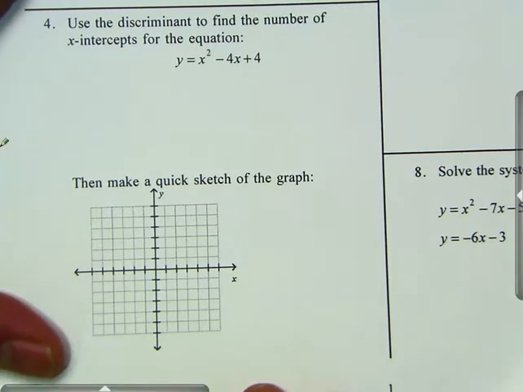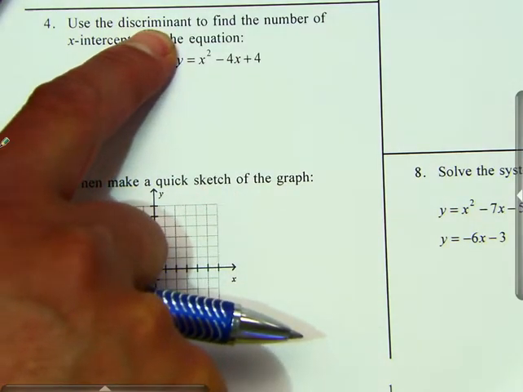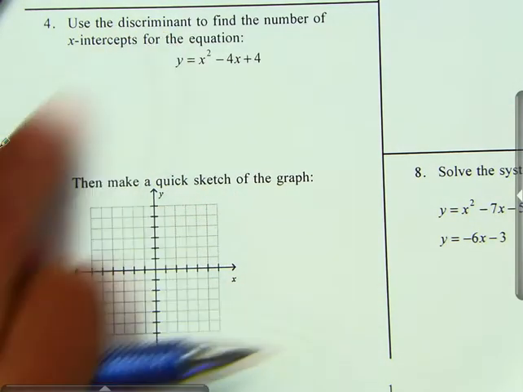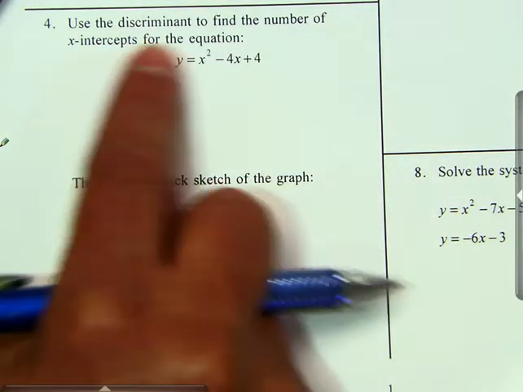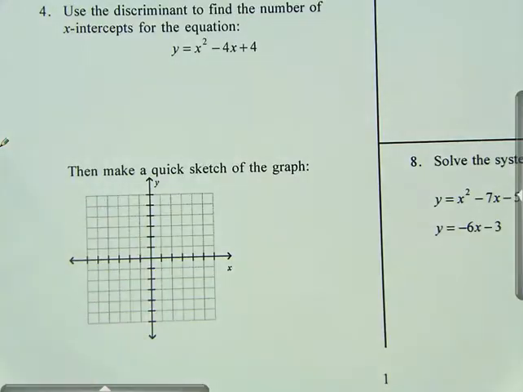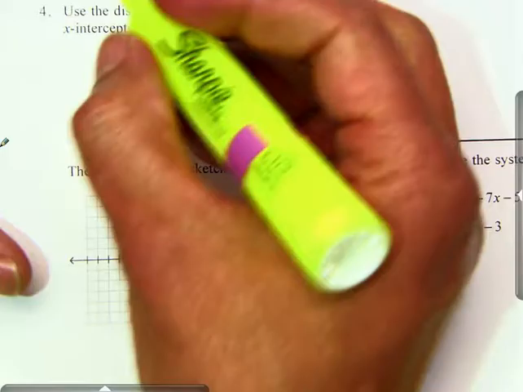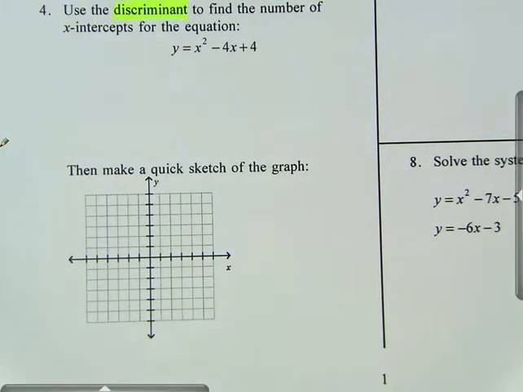For your test, you guys will have to memorize or remember your discriminant formula. So use the discriminant to find the number of x-intercepts for the equation. Do you remember your equation for your discriminant? Correct.